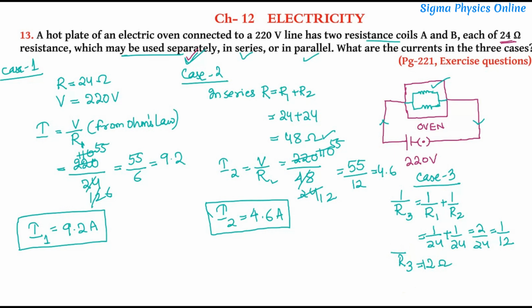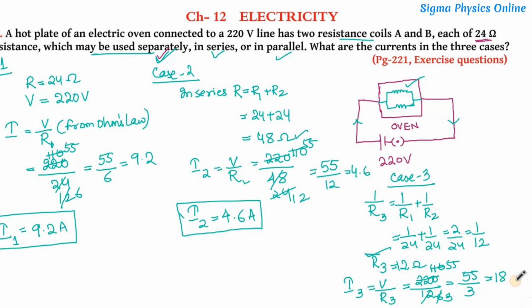Now the current value I3 will be V by R3, that is 220 by 12. So it is 55 by 3, that is 18.3 ampere. So the value of I3 is 18.3 ampere. So these are the three values of current which flow in the circuit when the resistance coils A and B are connected in three different ways.